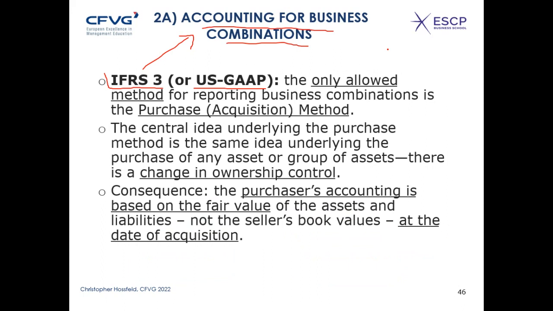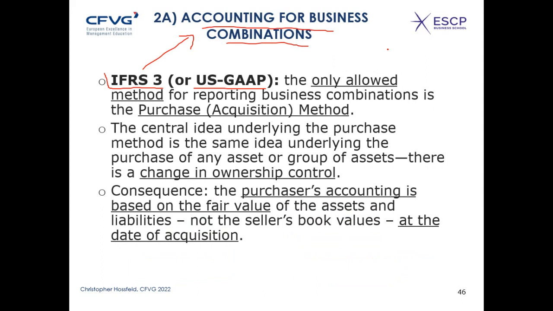It applies to all forms of business combinations because, as I said before, since economically the three forms are identical, well, the accounting outcome should also be identical. I should not have different numbers just because I do one legal form compared to another. In all three cases, I have the same result.